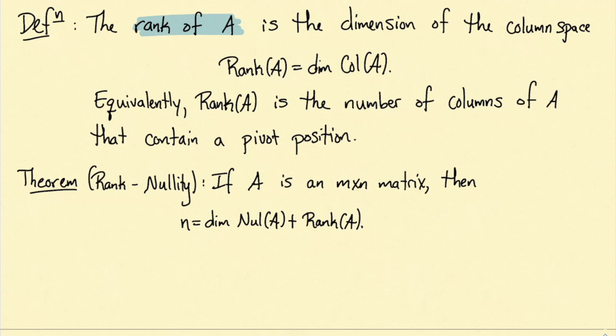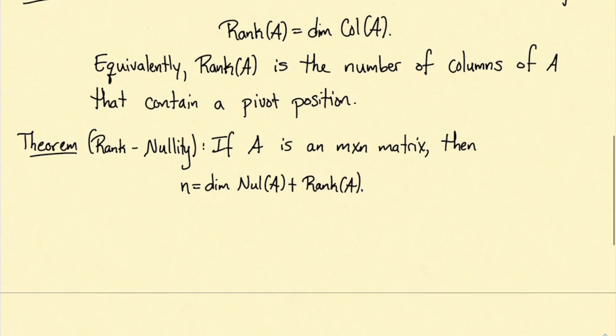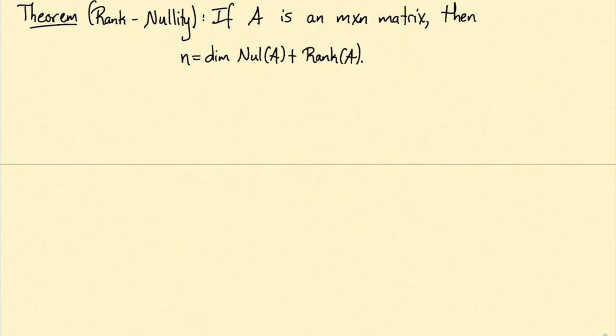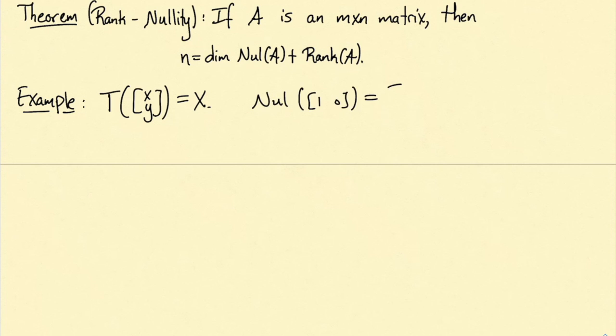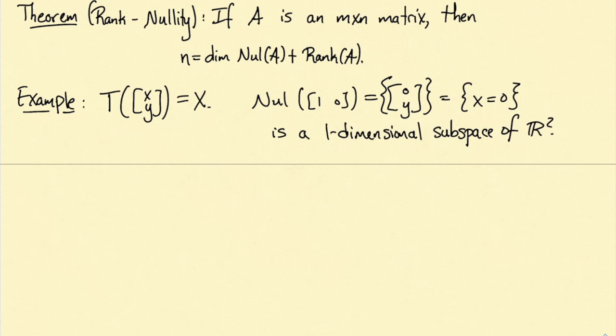So let's go back through our examples from the last video. Our first example was the projection from R2 to R1, defined by T of (x,y) equal to x. We identified the null space with the y-axis, which is a one-dimensional subspace of R2.